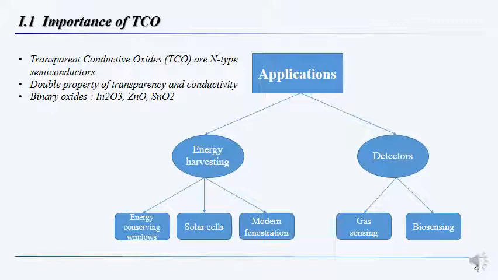They are usually N-type semiconductors with a band gap that is higher than 3 electron volts. And the most important binary oxides are indium oxide, zinc oxide, and tin oxide. They have a multitude of applications like energy harvesting applications as well as detectors.